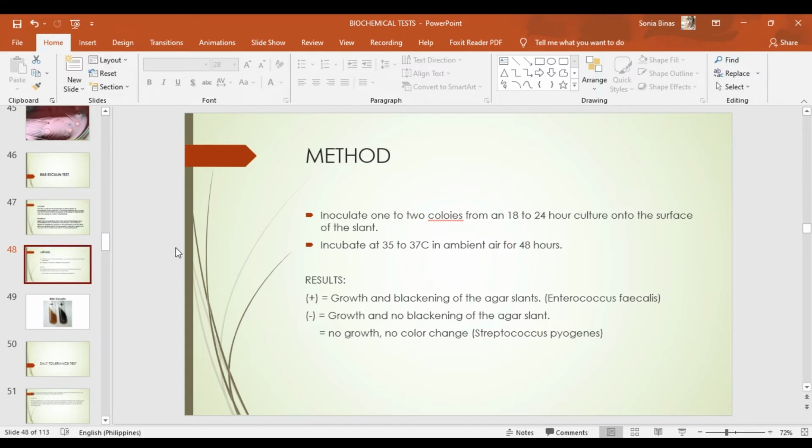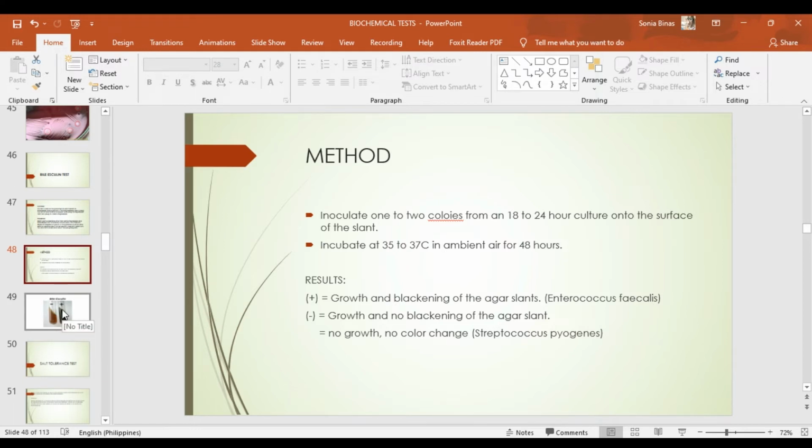So the positive result will be growth and blackening of the agar slant, which is our Enterococcus faecalis, while the negative will be growth and no blackening of the agar slant. So no growth or no color change is our Streptococcus pneumoniae. As a result of our nutritional requirements, some organisms may grow poorly or not at all on this medium.